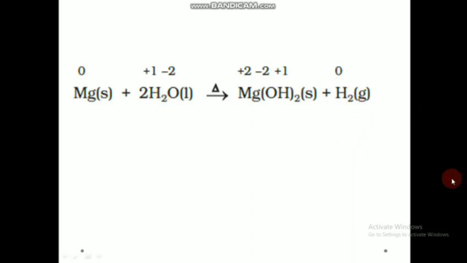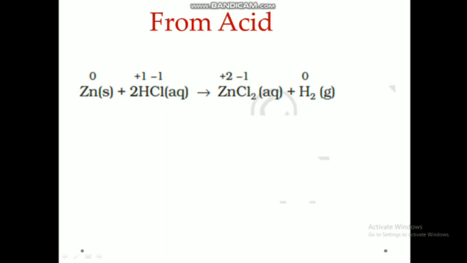So we have seen the displacement reactions from water, and now we are going to see the displacement reactions from acids. So from acid, how non-metal displacement occurs. We are considering HCl here. From HCl, how the metals substitute hydrogen. It is actually the same reaction happening there.